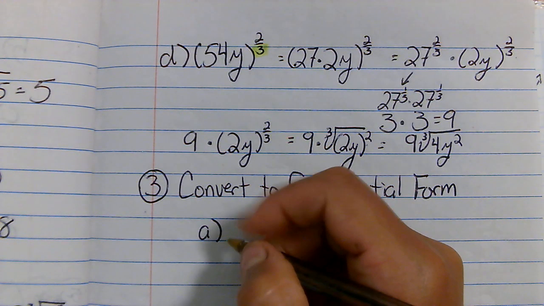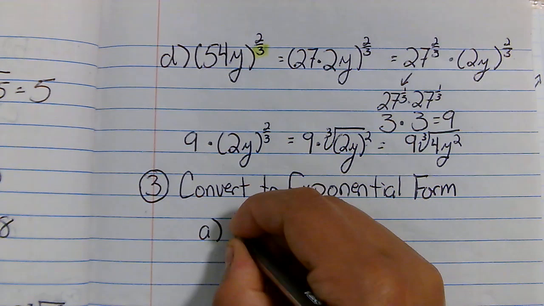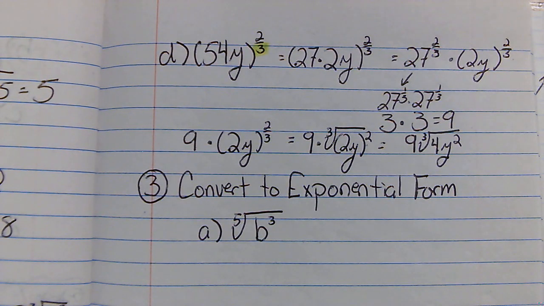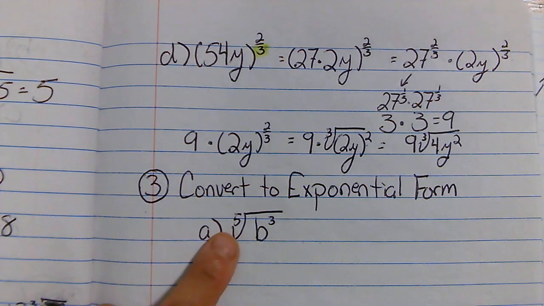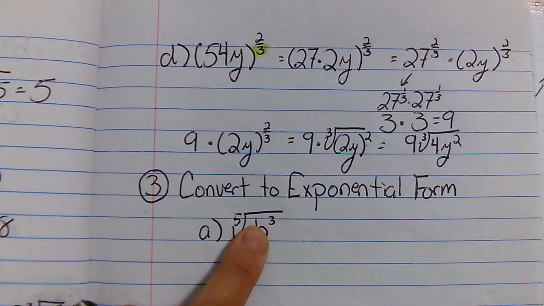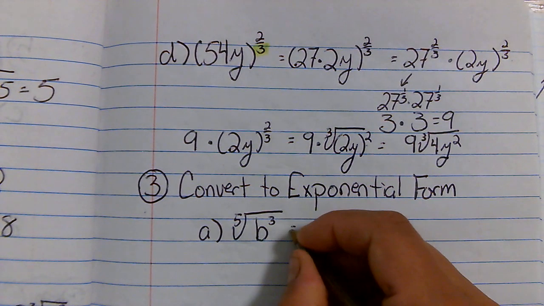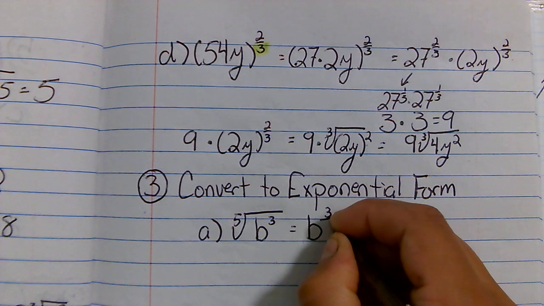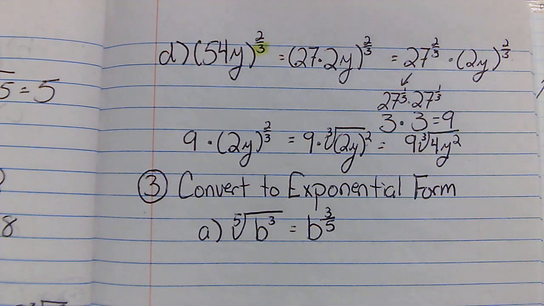So let's say we had the fifth root of b to the third. Now remember, when you have these, your index is your denominator, whatever exponent is next to that guy is your numerator. So I'm going to rewrite this. I keep the same base, numerator, denominator, and you're done.